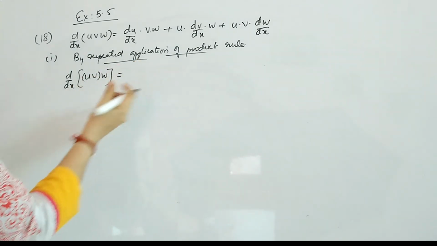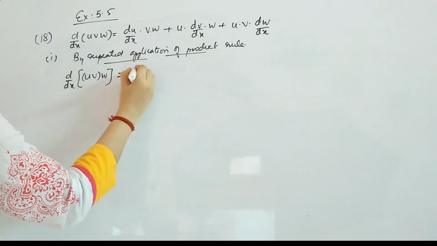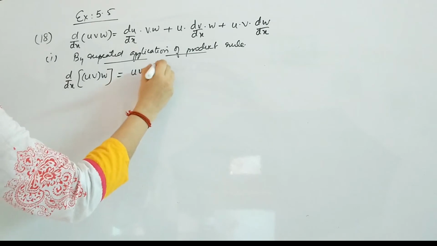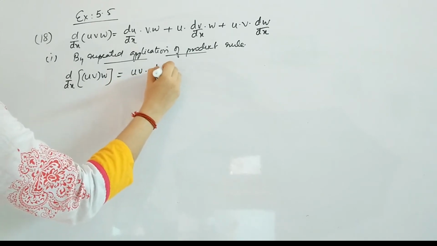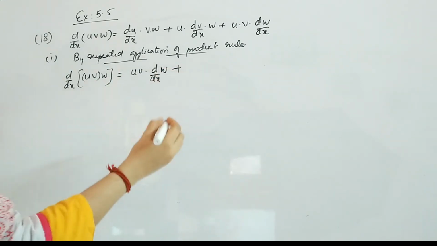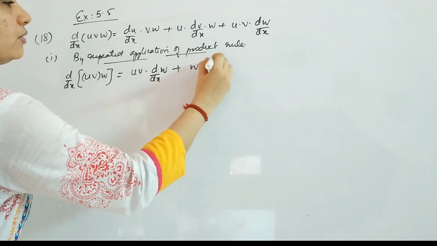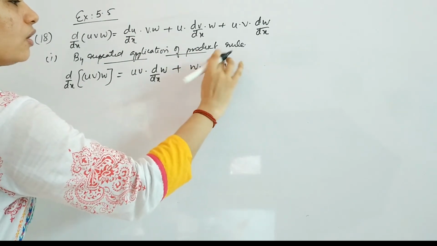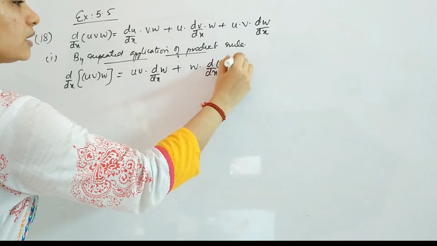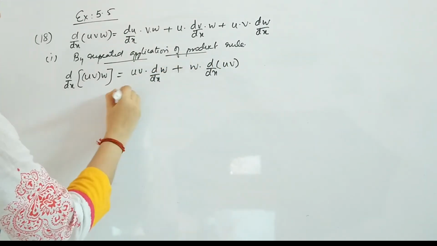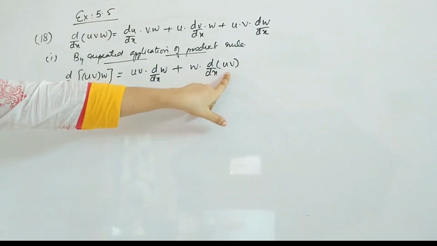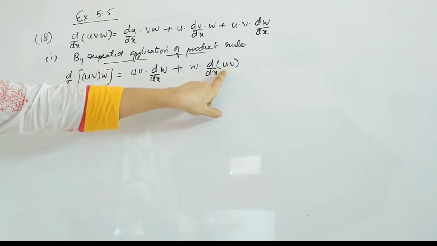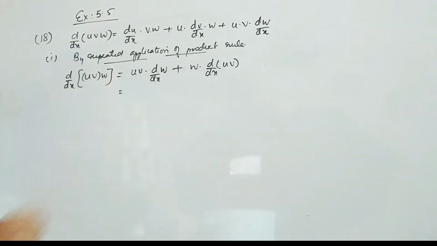So what is the product rule? First function into derivative of the second, that means uv into derivative of w, plus second function into derivative of first. The order you can write in any way because you have plus in between. Now we will expand this because it is actually a product of two functions of x.